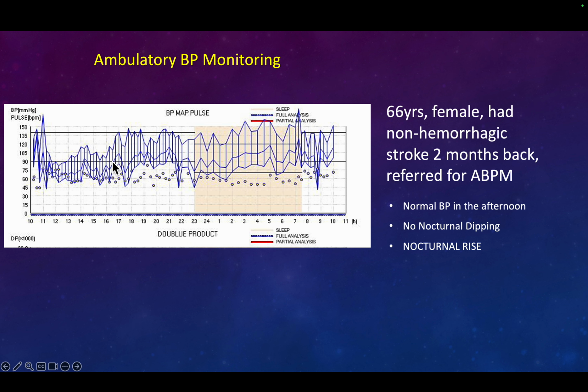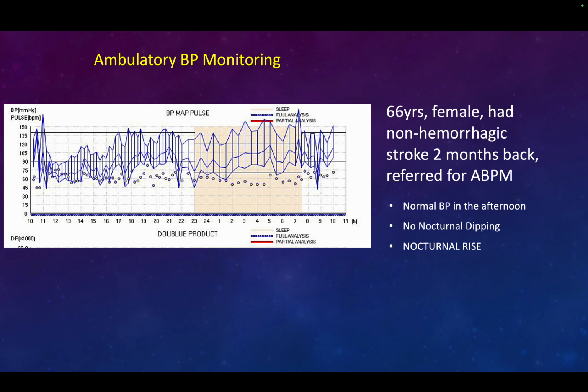When we inquired, she was taking pills somewhere around 10 or 11 o'clock, and this is the blood pressure effect of that antihypertensive drug. By evening, because the drug was short acting, the blood pressure starts rising, and surprisingly there is an increase in blood pressure while she sleeps. So there is a nocturnal rise.